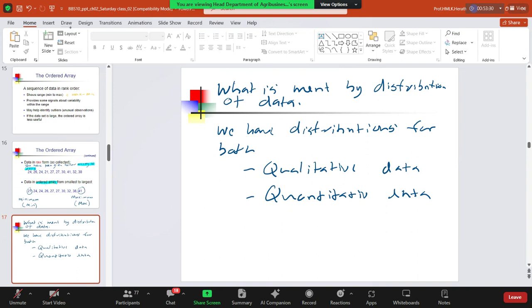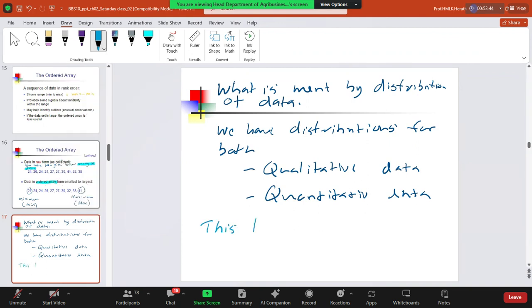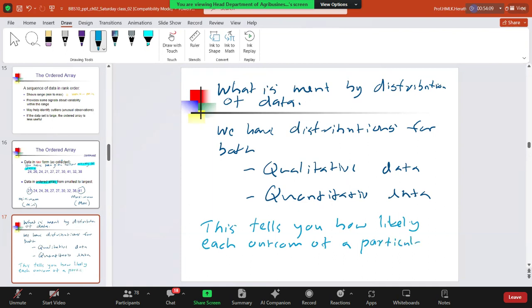So this tells you how likely each outcome of a particular variable can occur.